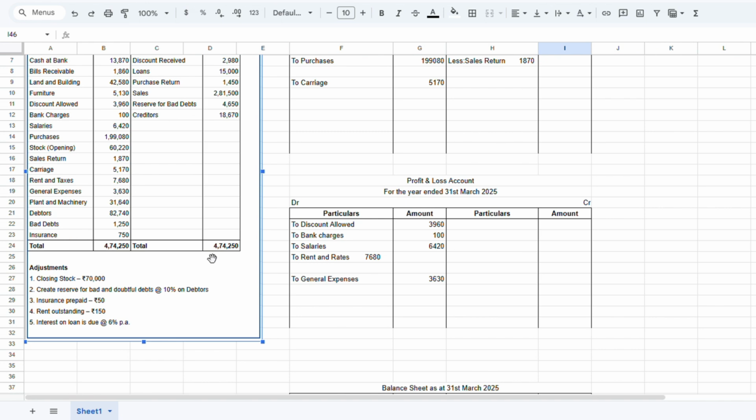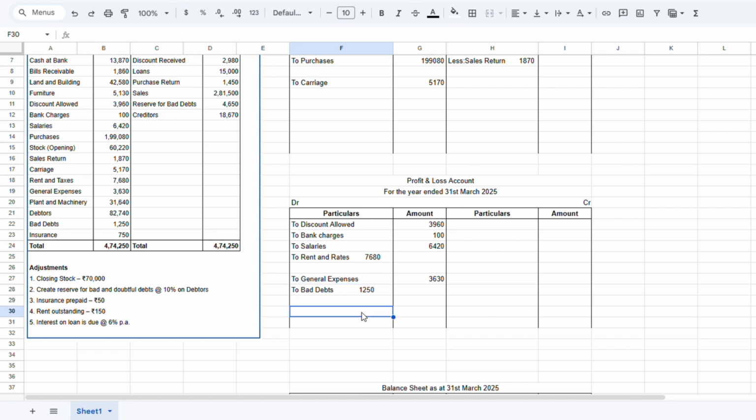Now we know bad debts is an expense because we will not get the money. So we will record it in the profit and loss account debit side, to bad debts. How much? 1,250. But we have an adjustment, so we will take it in the inner column, that is 1,250.